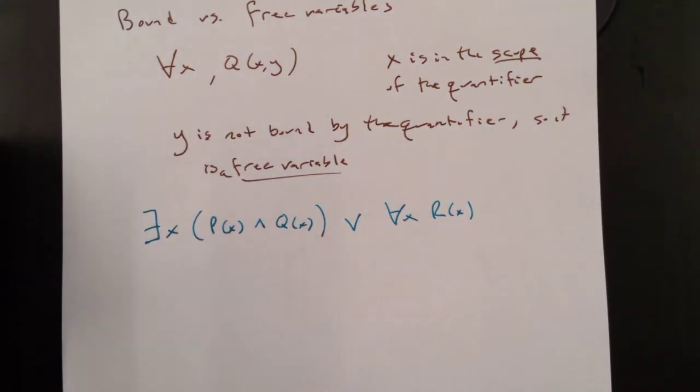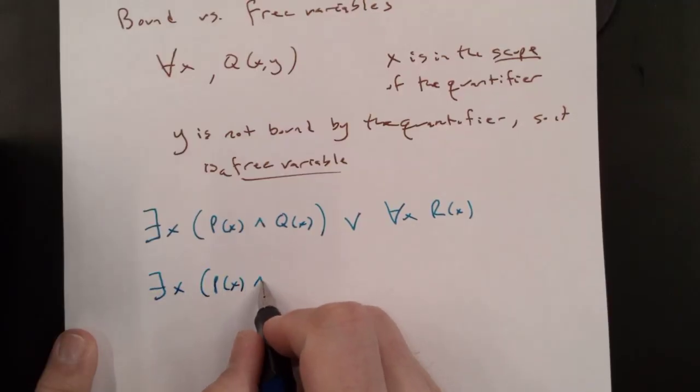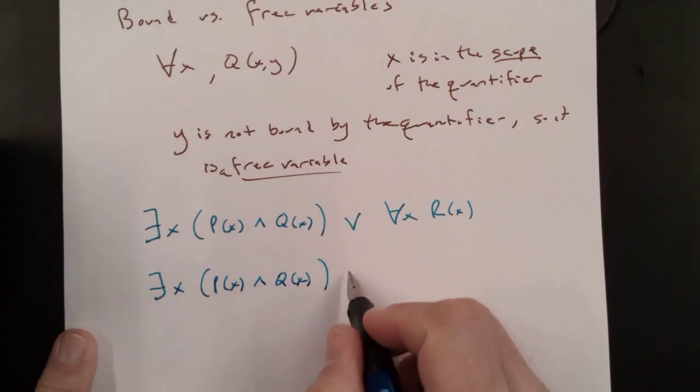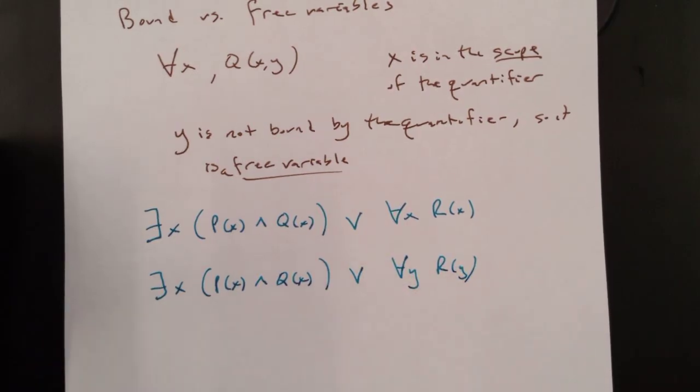If I were writing this for myself, I would prefer to write it like that. But those two sentences say exactly the same thing. I don't care what letter or symbol you are using for your variable, as long as it's in the same domain.